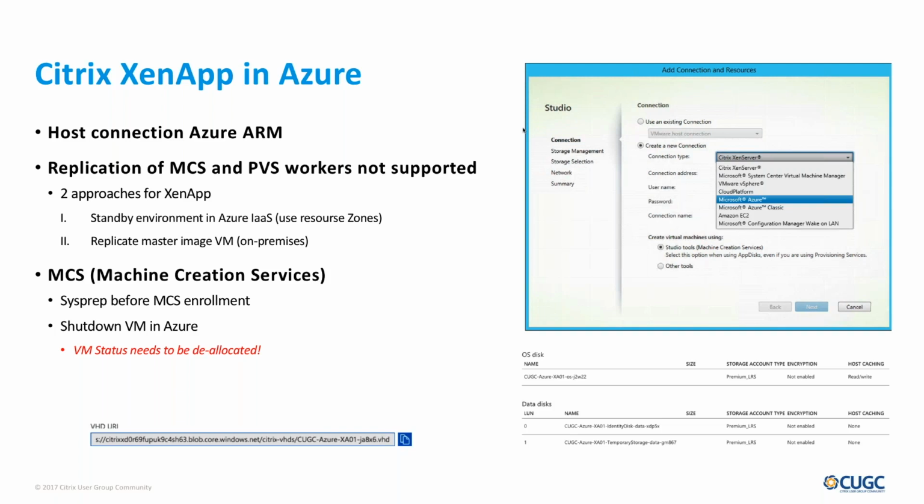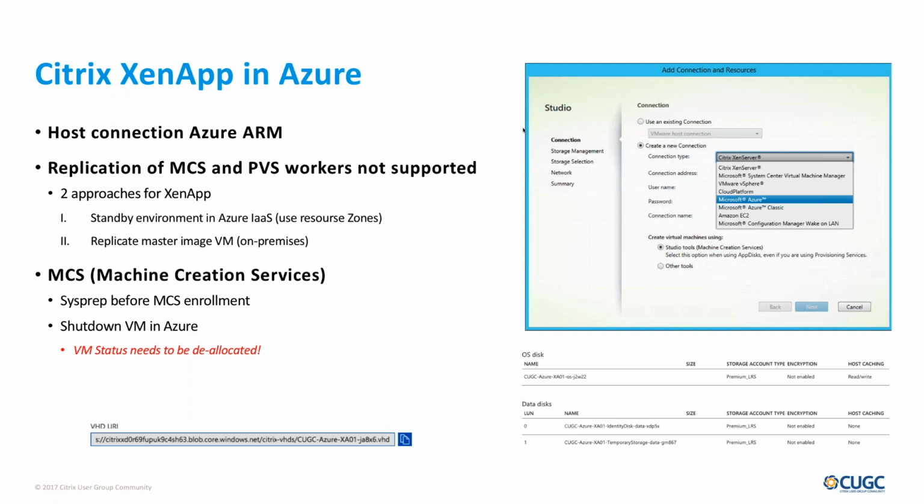What it actually means is that you make a replication in the on-premise environment of your master image, and on that replication you activate the Site Recovery agent, and with that agent, the master image will be replicated to Microsoft Azure. In case of a failover, the master image will be created in Azure Infrastructure as a Service.